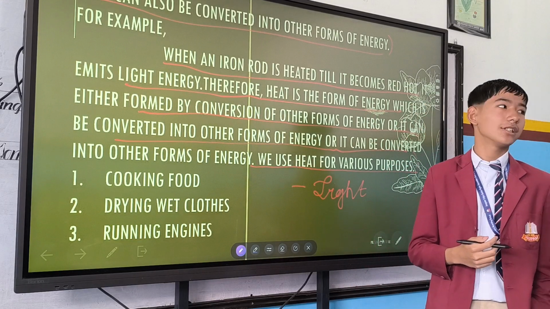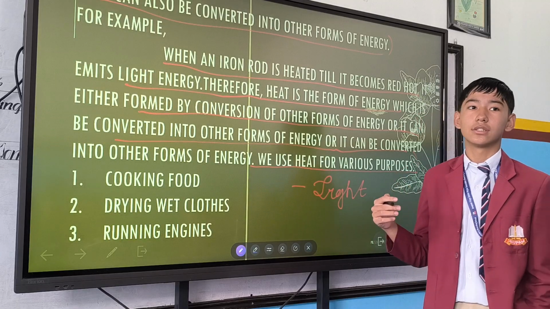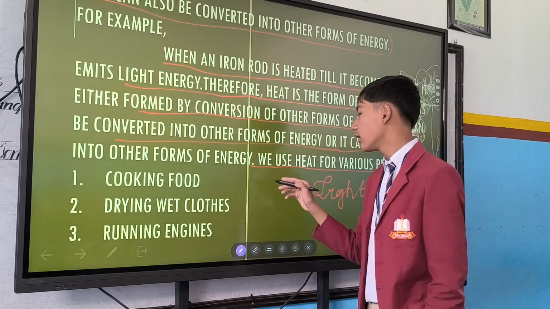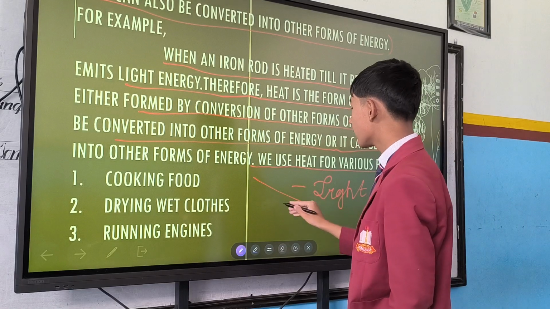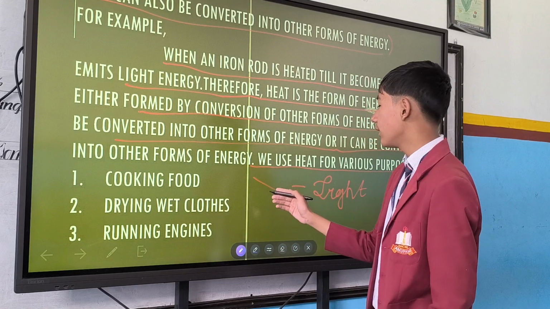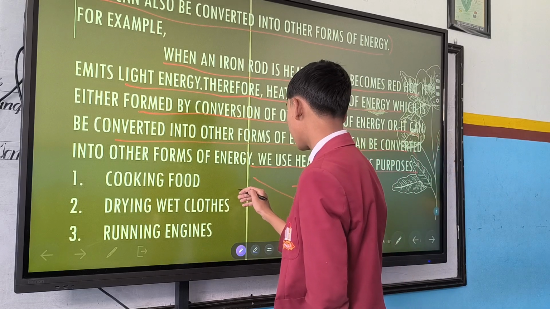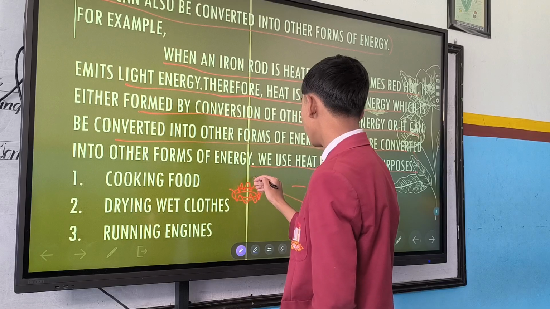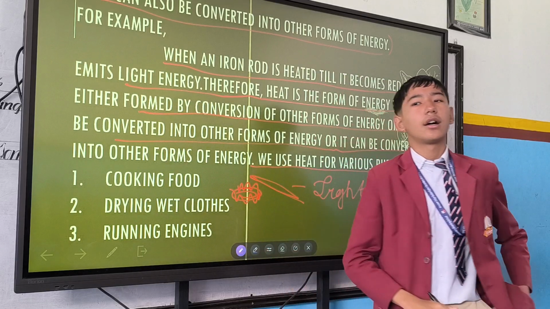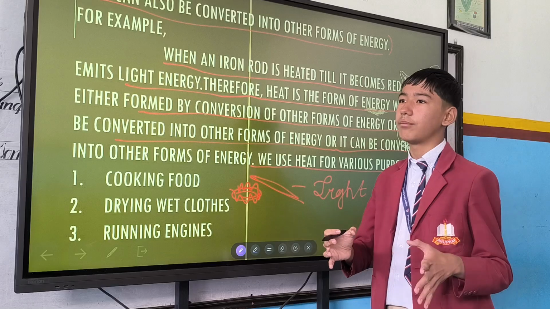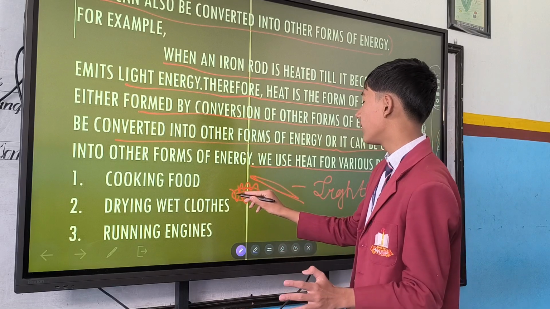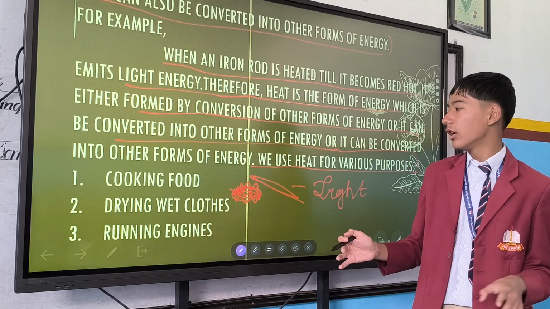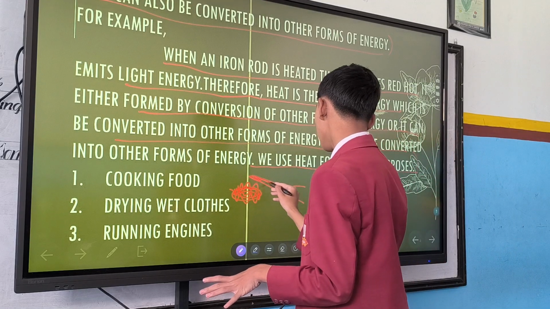An iron rod is given here as an example. When an iron rod is heated, let's say on a gas stove, it will start turning dark red. It will get very hot from the flame that the gas produces, and the iron rod will turn redder and redder.